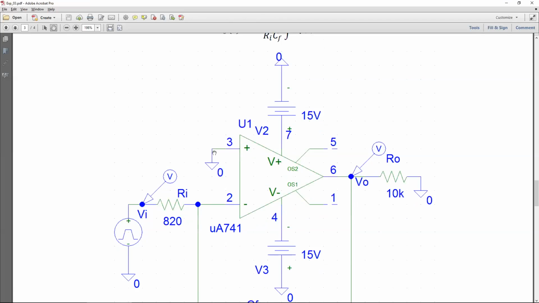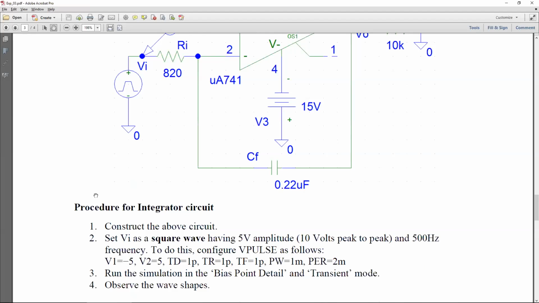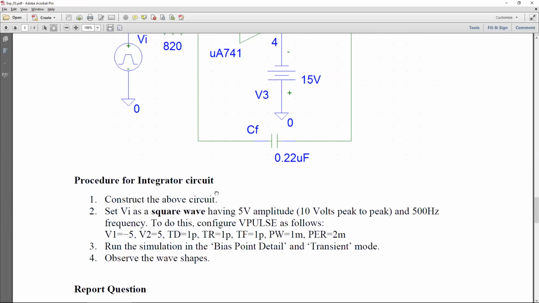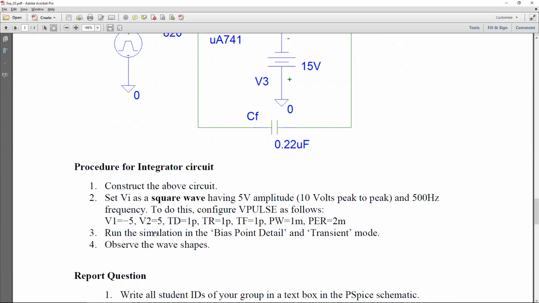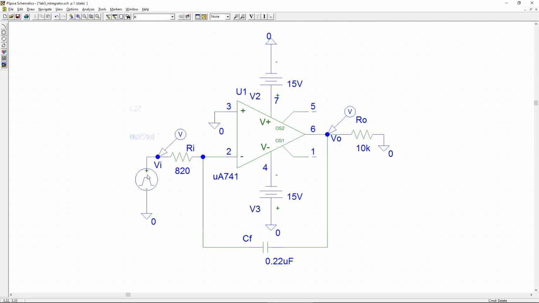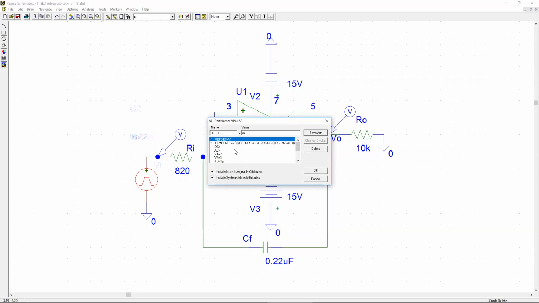So let's move on. In this circuit, the procedure is written. First we need to construct the above circuit, and the VI should be a square wave, and I already demonstrated these parameters. To configure this parameter in PSpice, you need to double click on this, and then here I have written VI equal to 5, saved it, then minus 5, save attribute, and then again plus 5.